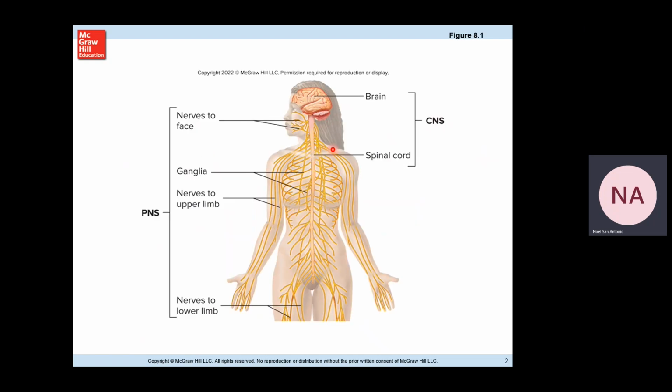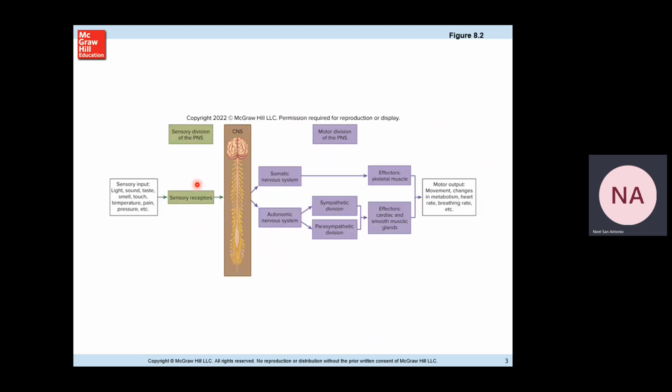Now, those nerves that we were talking about earlier, those nerves in your peripheral nervous system, including their associated ganglia, is divided into the sensory division and your motor division. The sensory division provides sensory input to our nervous system via the sensory receptors.